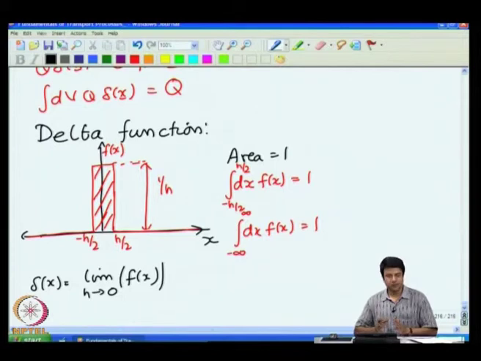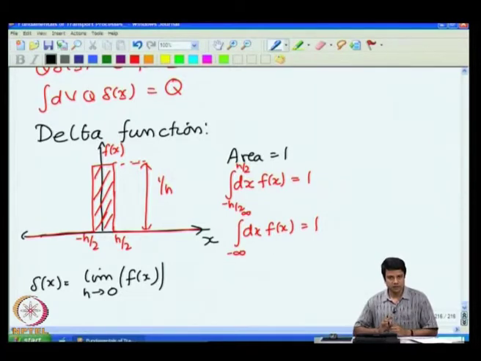In that limiting case, this function is the delta function. Limit h going to 0, the height is 1 over h. So, as h goes to 0, the width of this function along the x axis goes to 0, the height goes to infinity. Therefore, in the limit as the width goes to 0 and the height goes to infinity, I get the delta function.